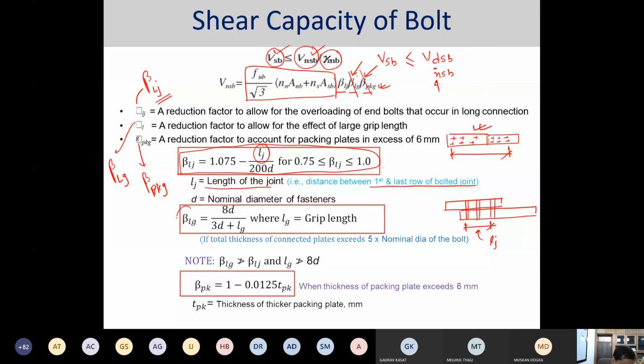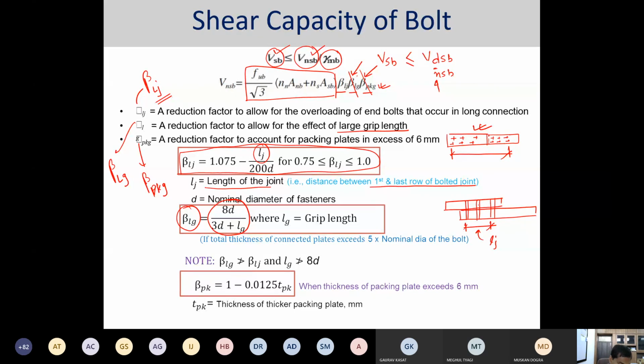What is beta_lg? l_g means larger grip length. For larger grip length, you will have a different formula for how much reduction of the nominal shear strength is to be provided.